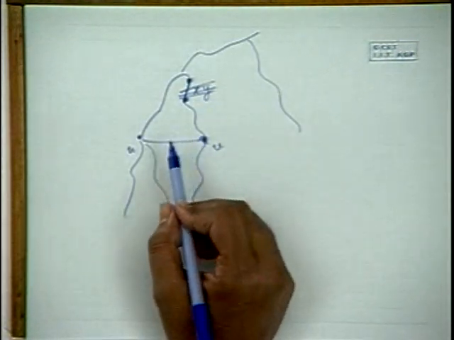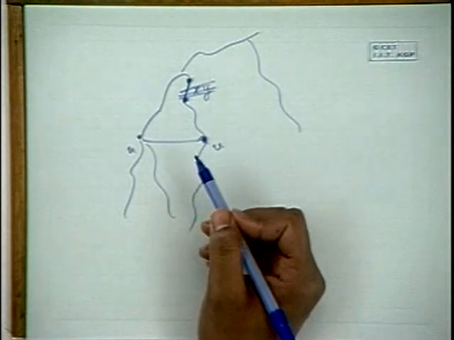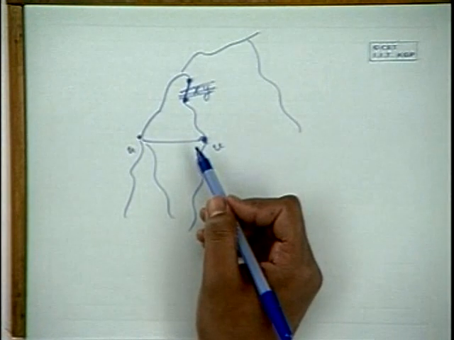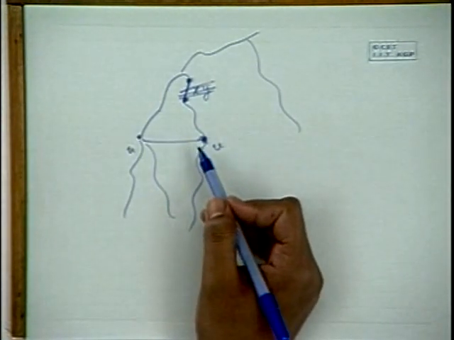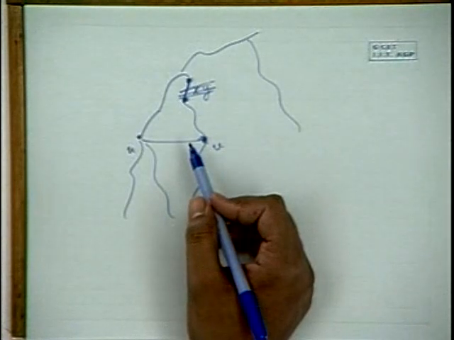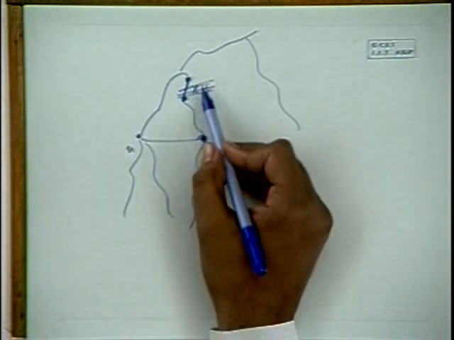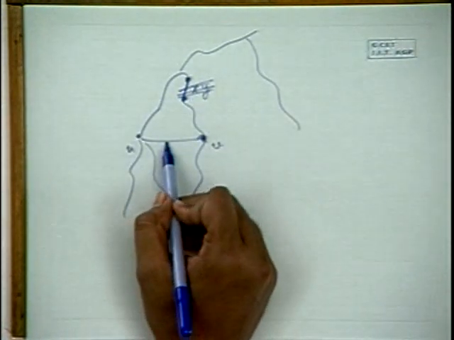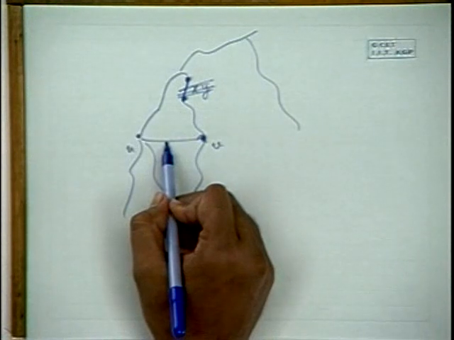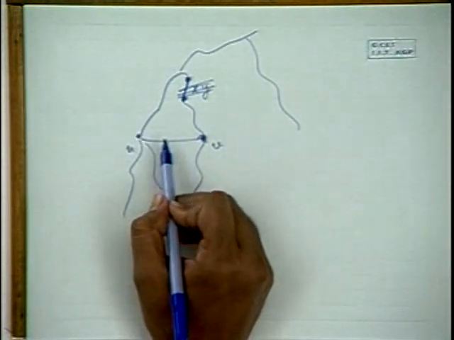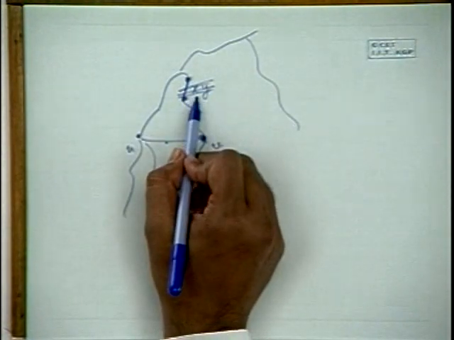So you have created a new tree, which is also a spanning tree, but its edge weight is less than or equal to the previous tree's edge weight, because you already said that UV is the least weight edge. So the weight of UV is less than or equal to the weight of XY.